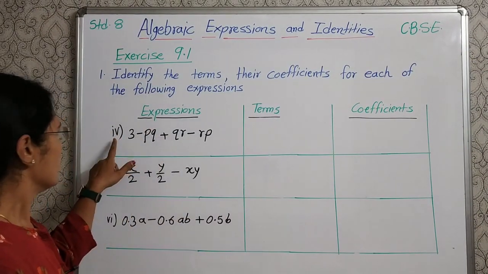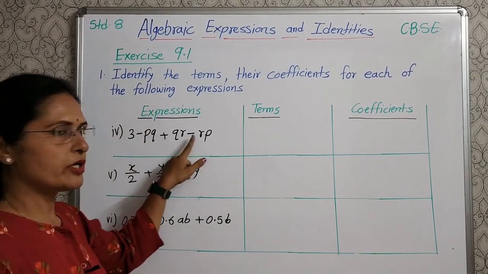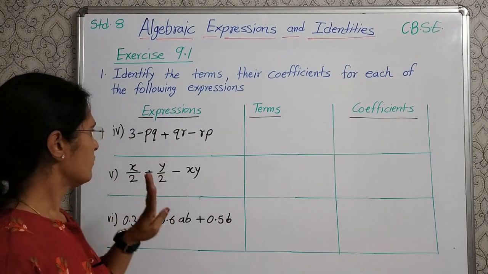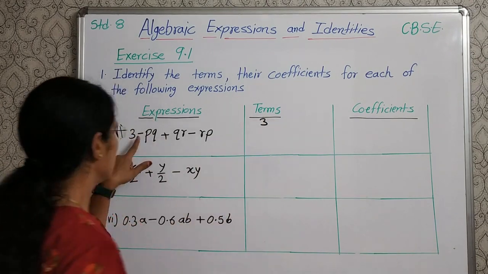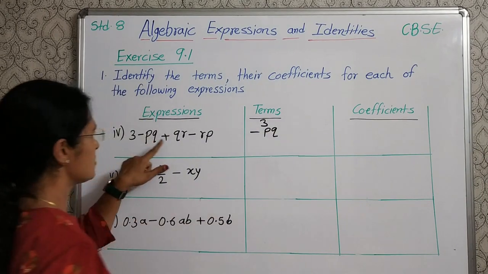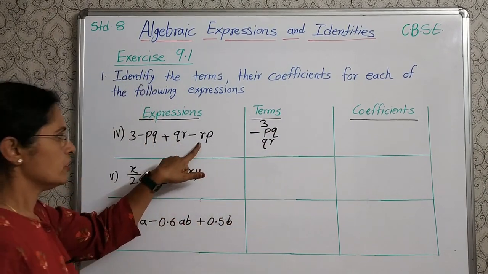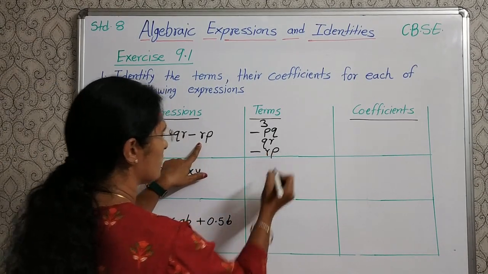Next, fourth expression: 3 minus pq plus qr minus rp. Now in this expression there are 4 terms. First 3, next term is minus pq, next term is qr and the fourth term is minus rp.